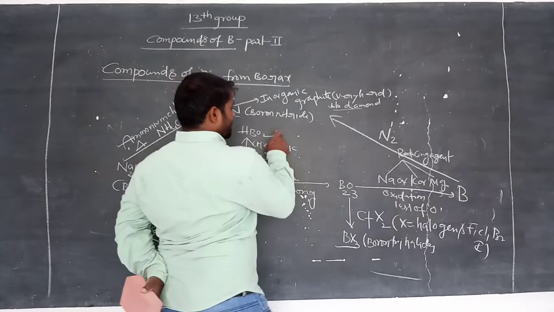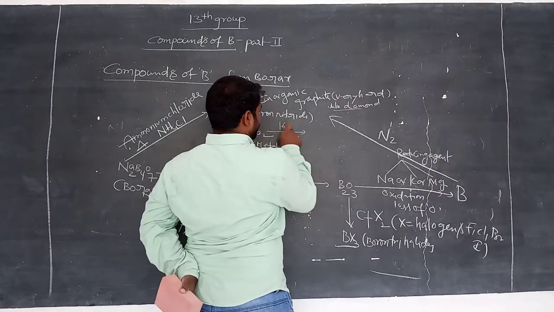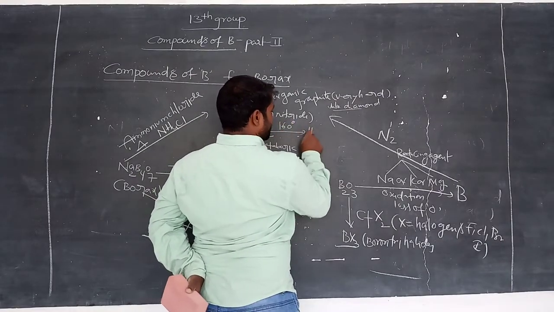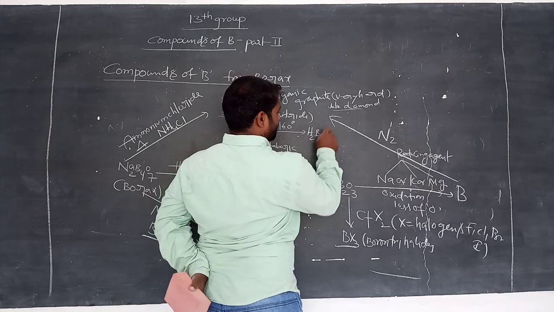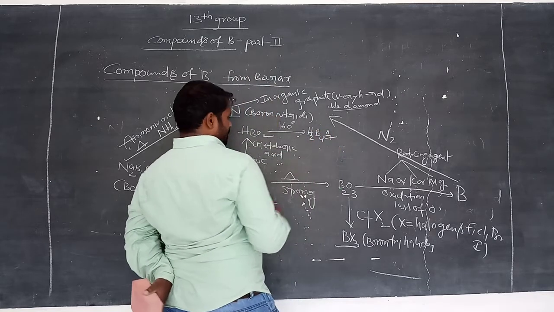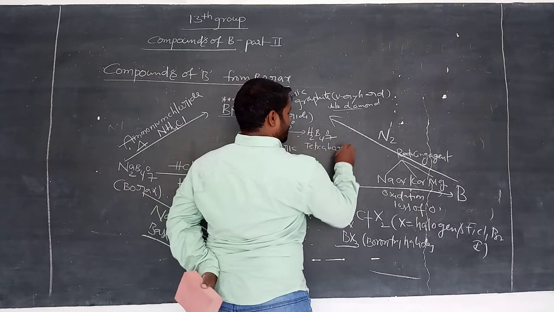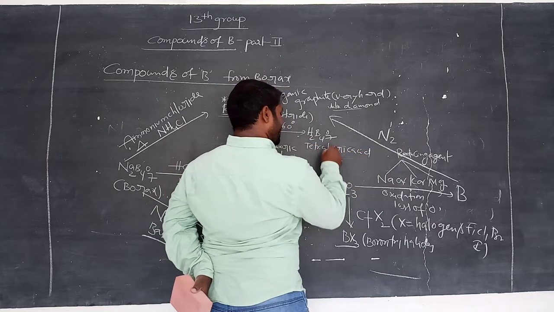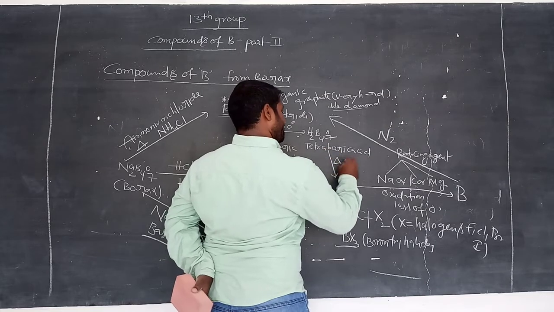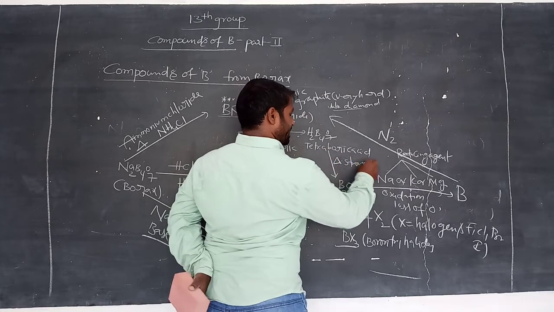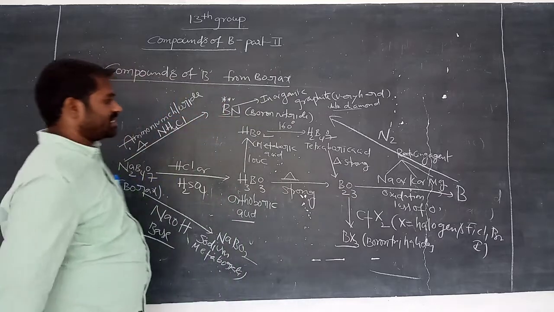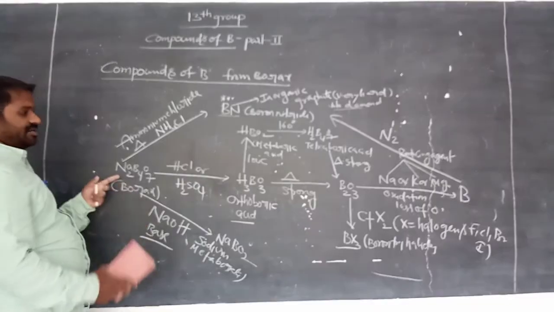Further, at 160 degrees Celsius, it gives tetraboric acid. Further, with strong heating, it gives B2O3. These are some of the important compounds of borax.